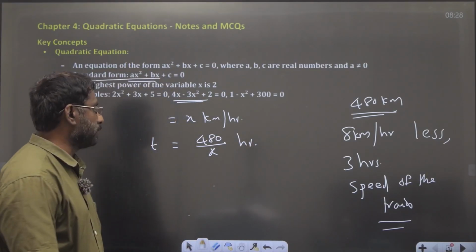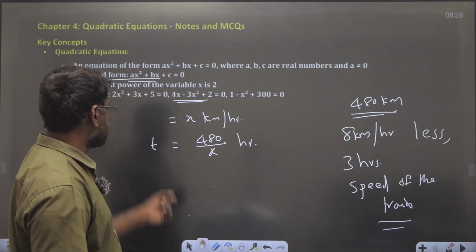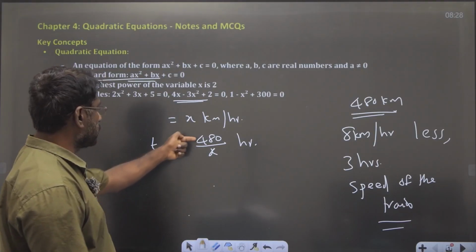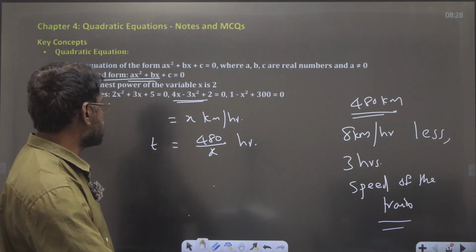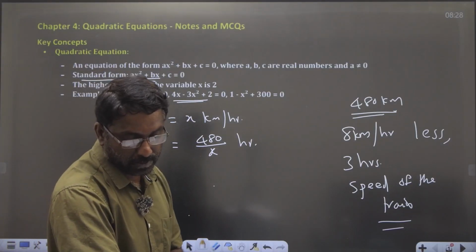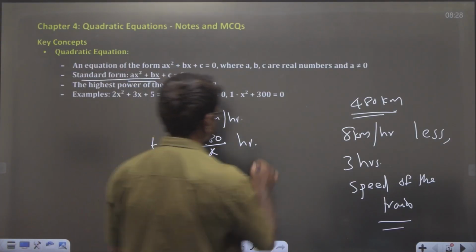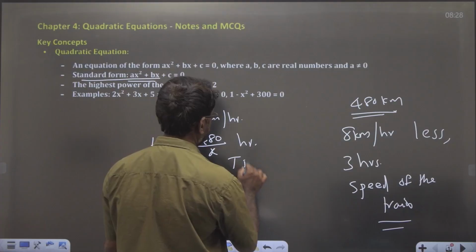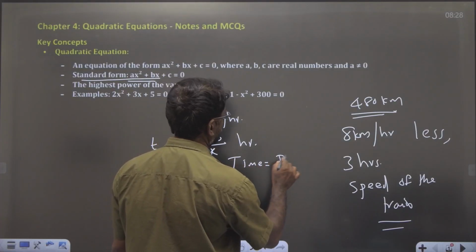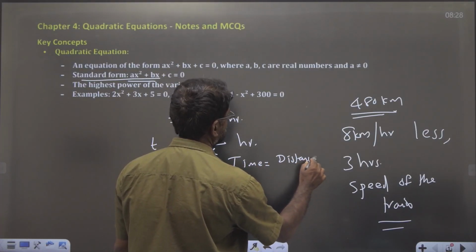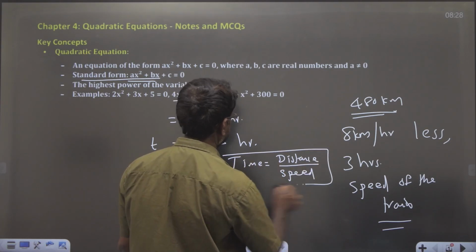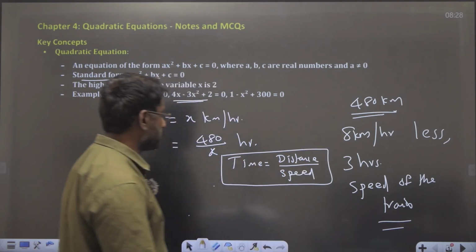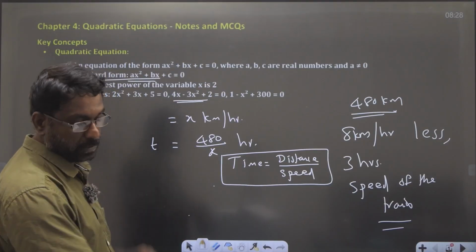We have the result that time is equal to distance traveled divided by speed. This is the equation from physics.